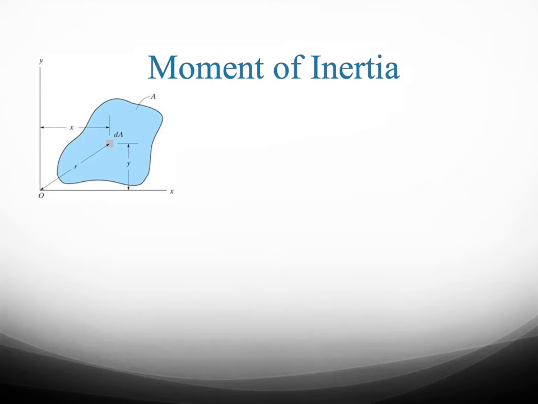Here we have different definitions of the area moments of inertia. For instance, relative to the x-axis, we're talking about dA. The distance of that area from the x-axis is measured in y, so that would be defined as y squared dA. Similarly, for the y-axis, the distance of that dA is given by the x-coordinate, so that's x squared dA.